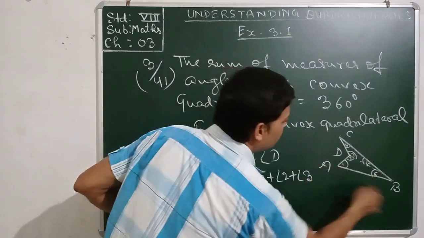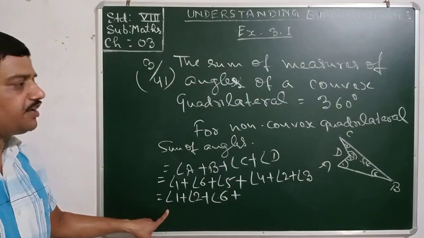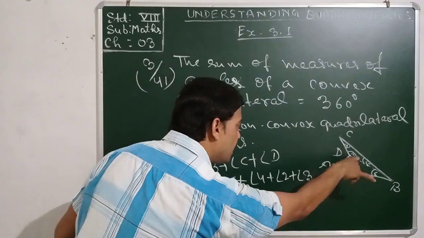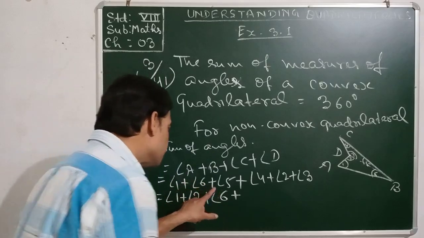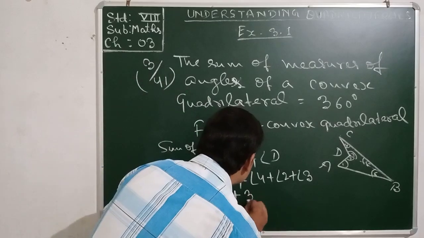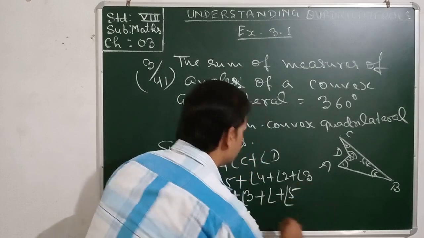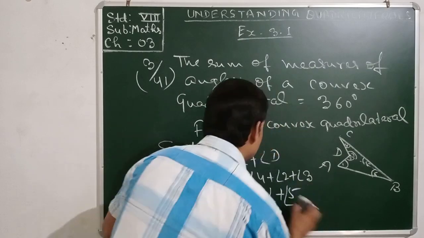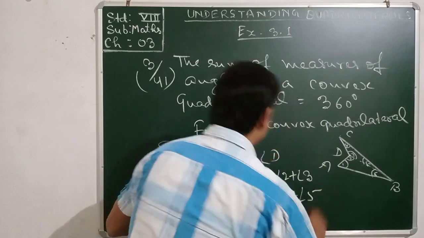So the sum of these angles will be 180 degree, and thereafter angle 3 plus angle 4 plus angle 5.